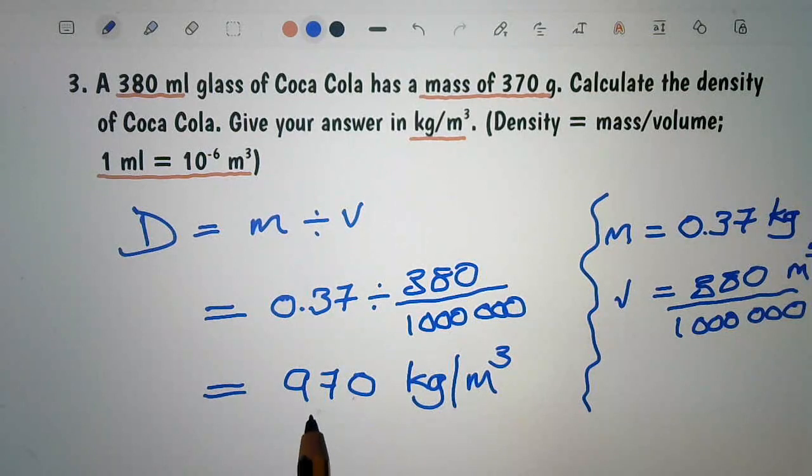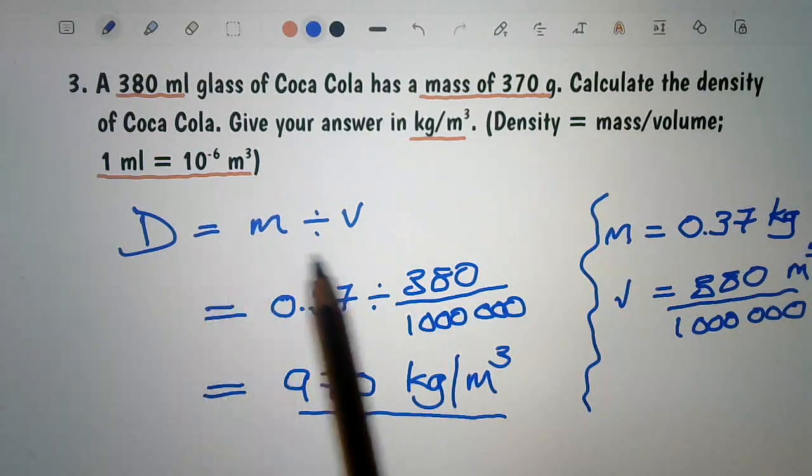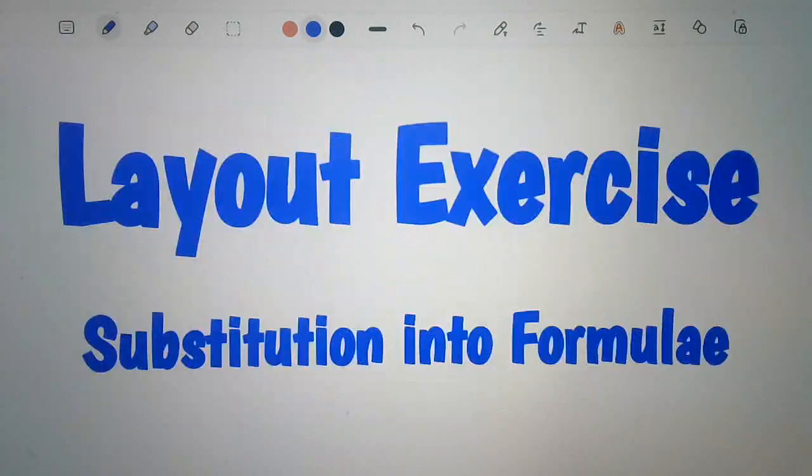Right, and remember to underline the answer. So again, I've got formula, data, calculation and an underlined answer. And I'm sorry to get boring, but I'm going to say it again, and that is what your work should look like. Okay, let's go right back to the beginning and check what we've done.